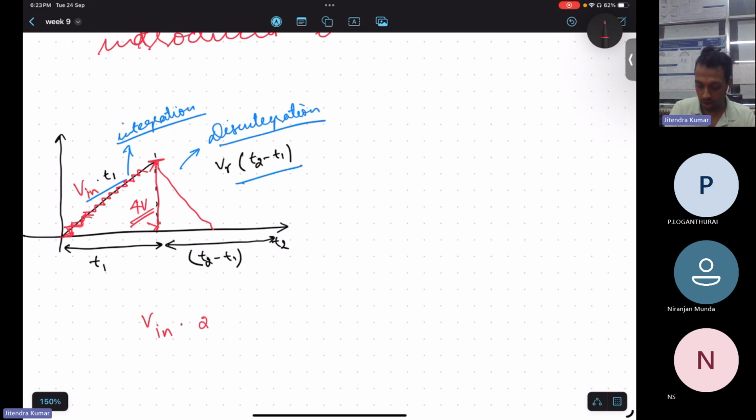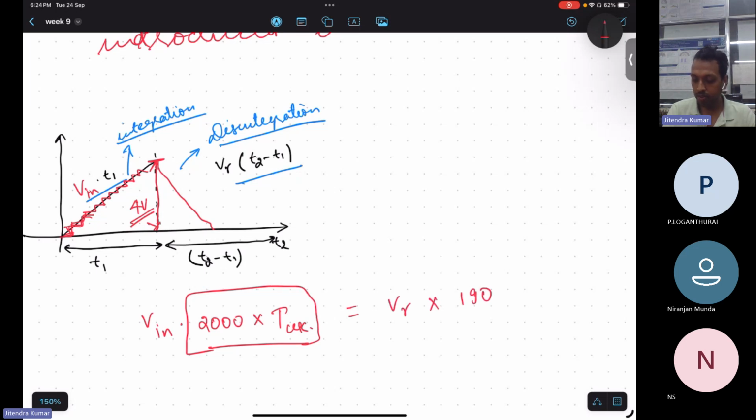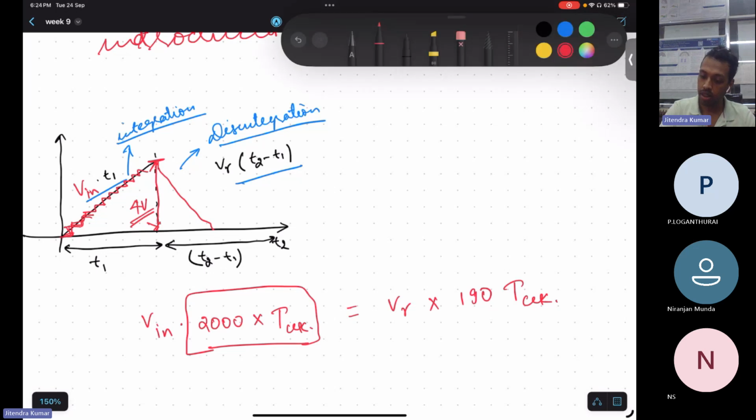It took 2000 clock cycles, into the time period of that clock, to reach the peak value, which was the 4 volt in that case. And while it was disintegrating, it was VR into 190 clock pulses. So on both sides you could see that the clock time period comes out and they will be cancelled out anyway.